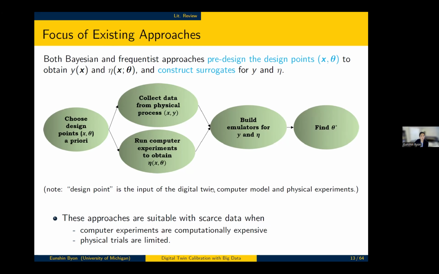When computer experiments take time, for example, running a simulation to get one data point takes weeks, then you cannot really run the simulation 100 times, right? And when physical trials are limited, we cannot really enjoy big data. So when data is scarce, this emulator-based approach is suitable.